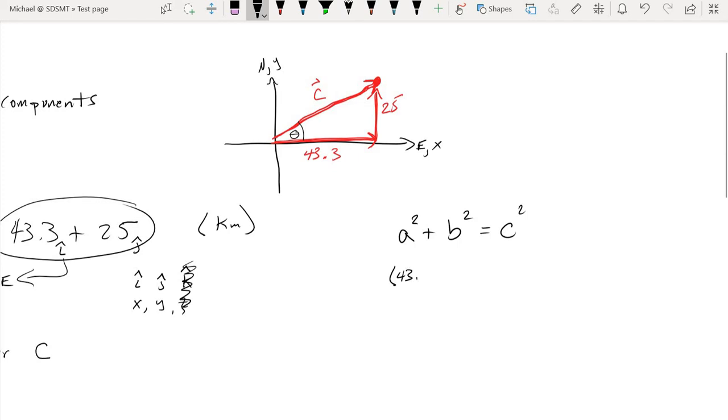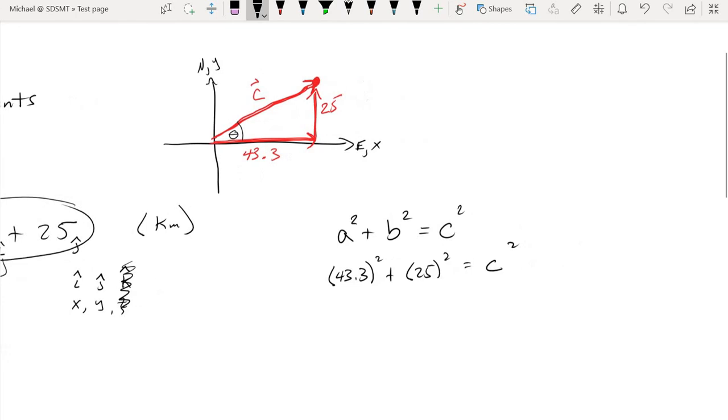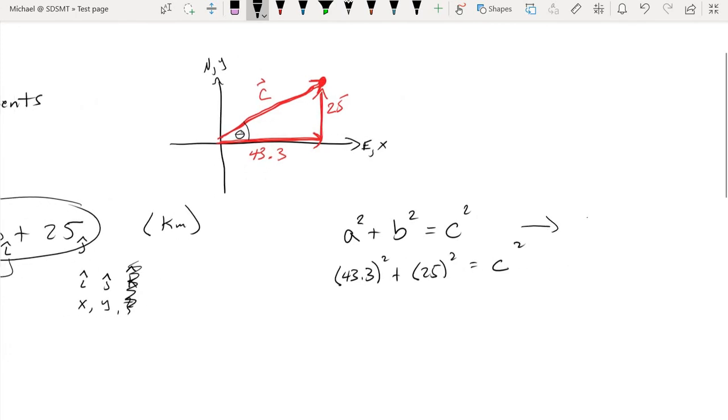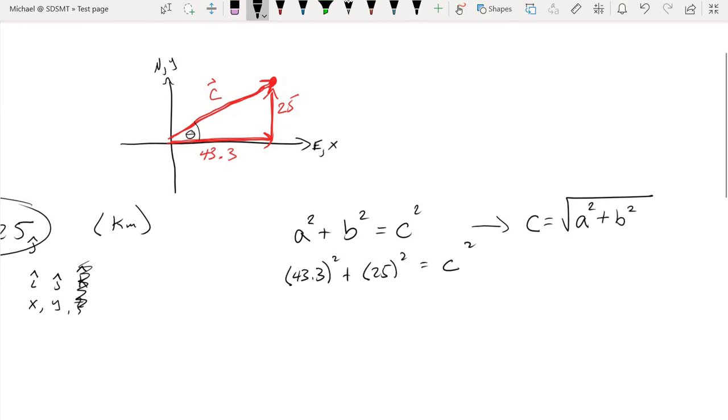I'm just going to go ahead and assign values to each of these. And so if we square the value of each side leg and add them together, we will get the square of the hypotenuse. But I don't want the square of the hypotenuse, I just want the value of the hypotenuse. So that means I need to take a square root of each side. And this is what I like to call my magnitude mantra.